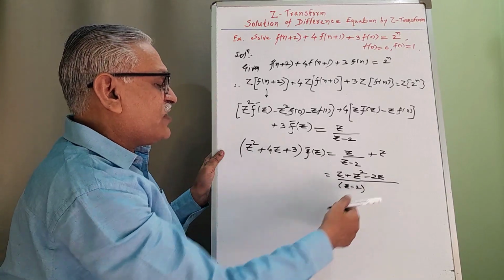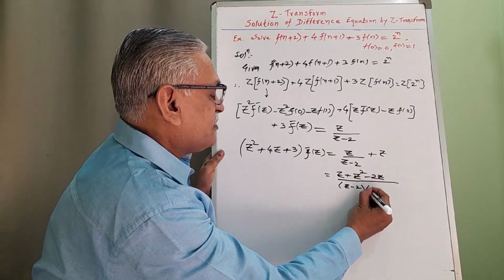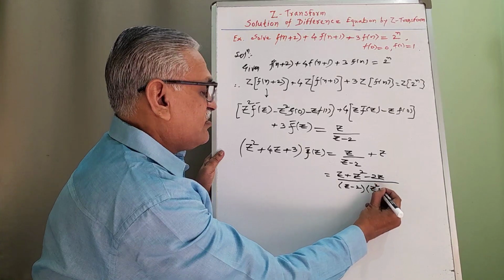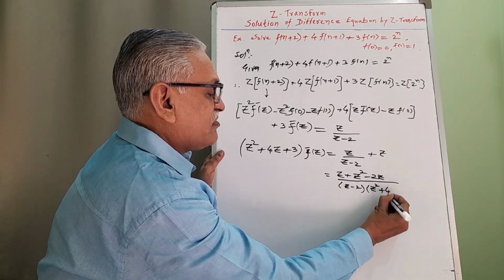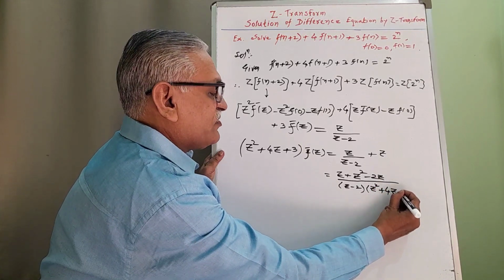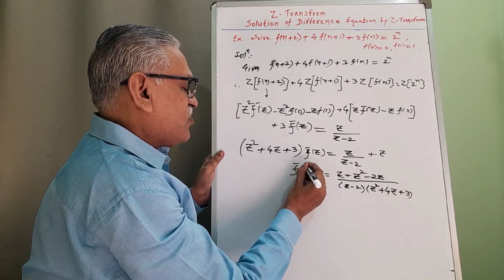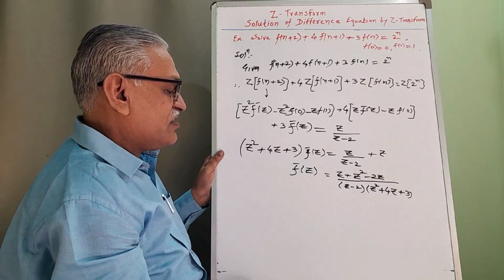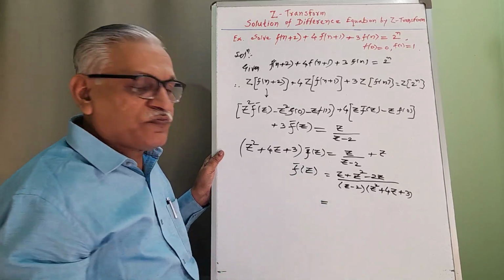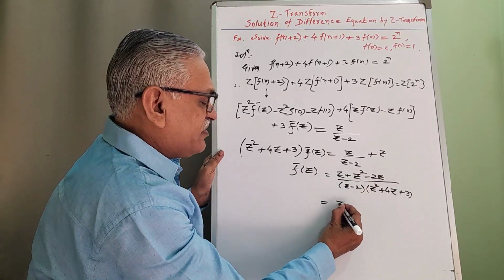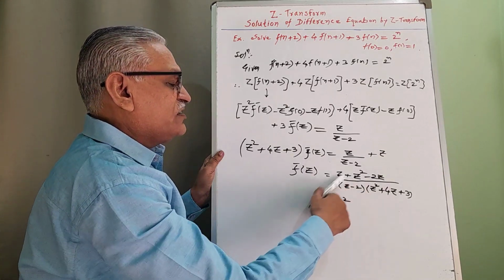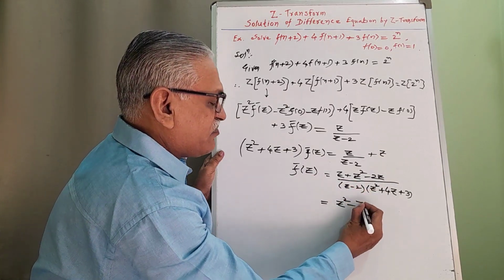Then transferring this to the right hand side, we get (z² + 4z + 3) as f bar(z), and therefore it equals z² as it is, no change, z minus 2z, we get minus z.